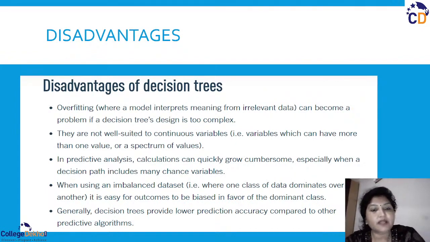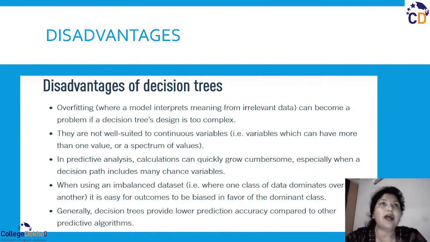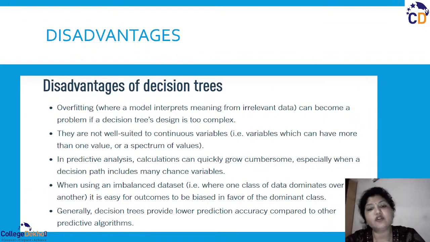When using an imbalanced data set where one class of data dominates over another, it is easy for outcomes to be biased in favor of the dominant class. So whenever you collect the data set, it should contain all the constraints, right? Otherwise, it is possible that your outputs are biased, and later on your system is unsuccessful, or not accurate.